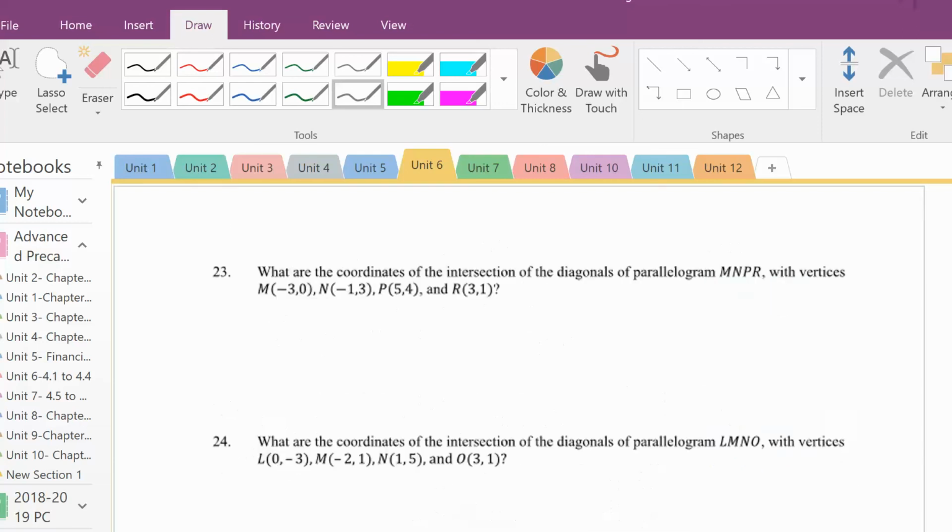All right, the next page. What are the coordinates of the intersection of the diagonals?